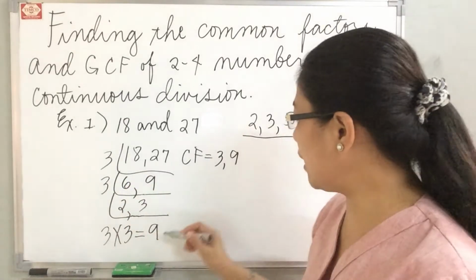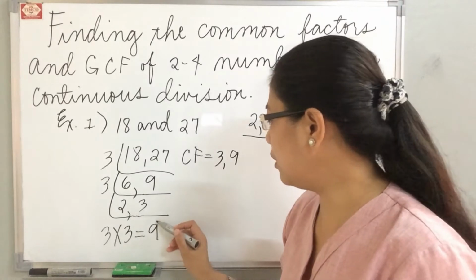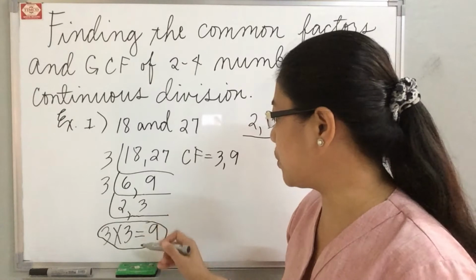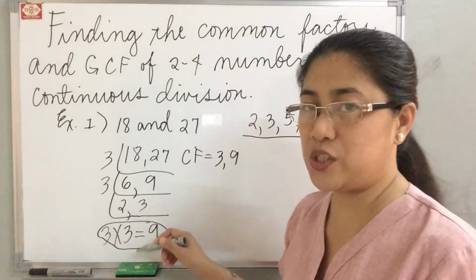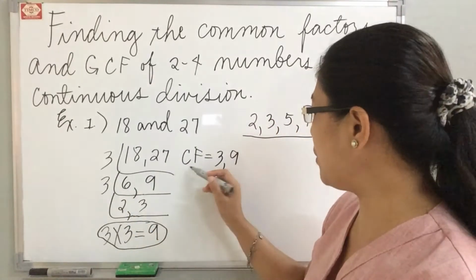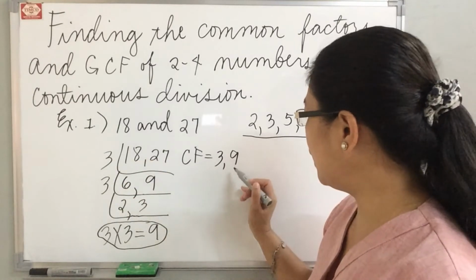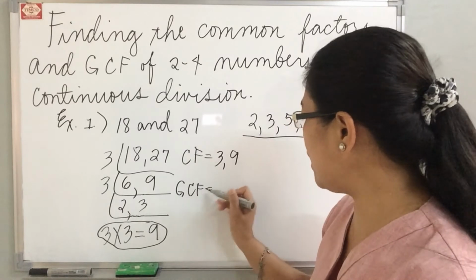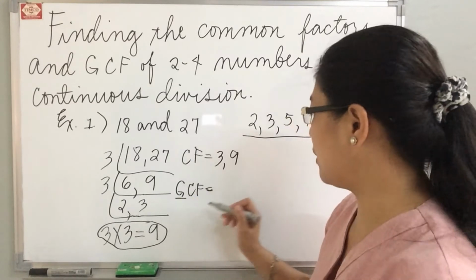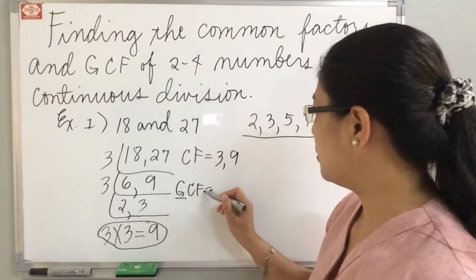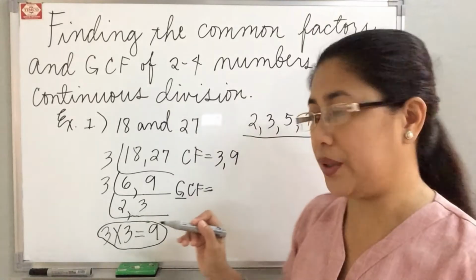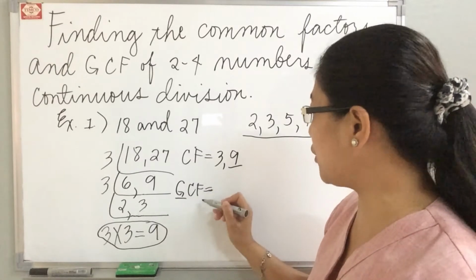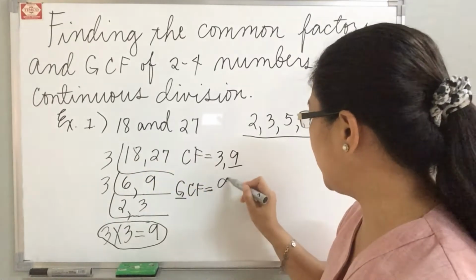And number 9 came from the product when you multiply the 2 divisors. So, common factors are 3 and 9. And the greatest common factor, when we say greatest, it is the highest number. So, obviously, it's number 9. So, the greatest common factor of 18 and 27 is number 9.